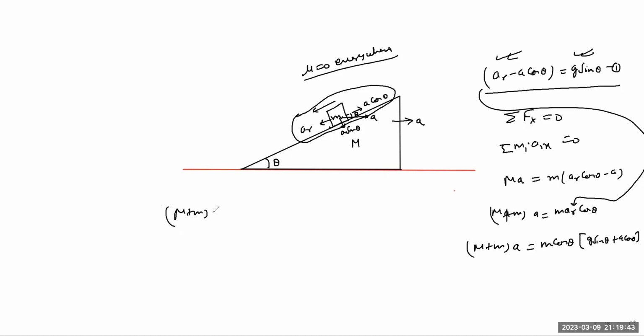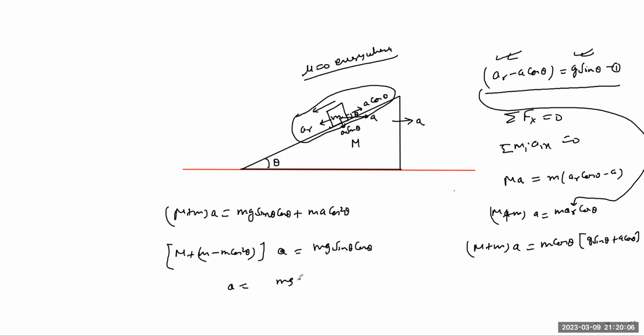(M plus m) A is m g sin theta cos theta plus m A cos square theta. So (M plus m minus m cos square theta) whole into A is mg sin theta cos theta, and we know this famous answer: m g sin theta cos theta upon (capital M plus m sin square theta).